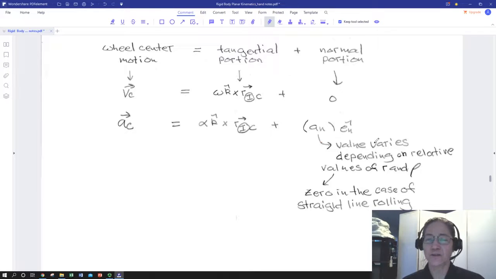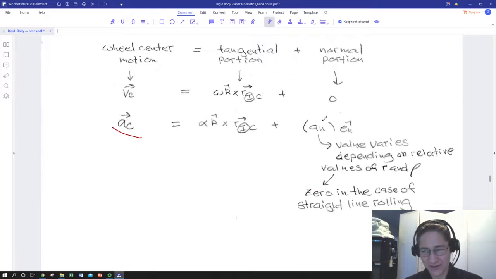In the case of curved surface, it would be 0, or this part would be 0. Excuse me, if we had a, back up. I'm mixing up variation in r and rho versus straight and not straight. This part will be center point acceleration.